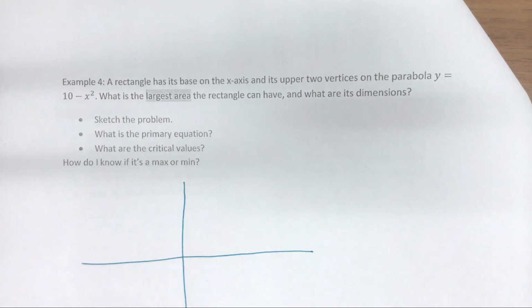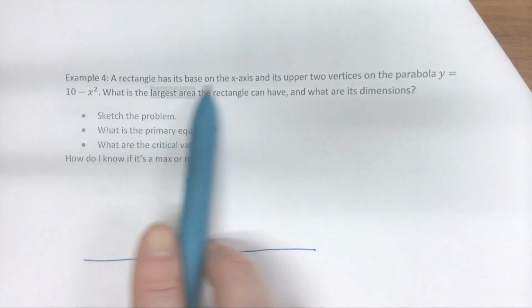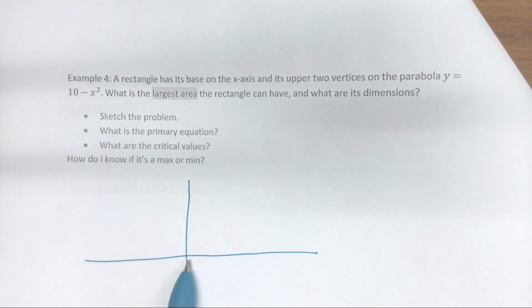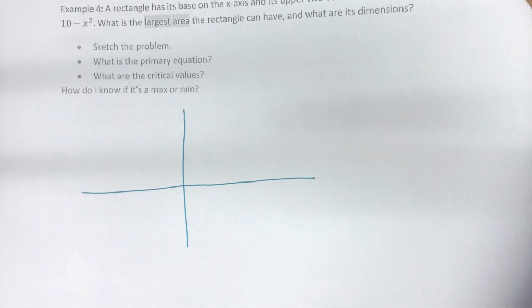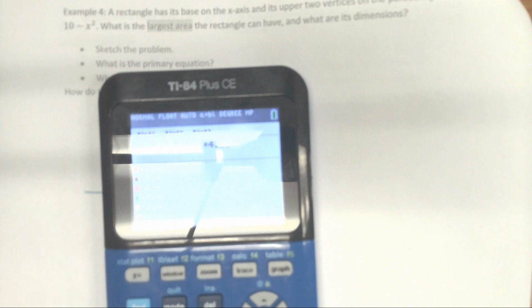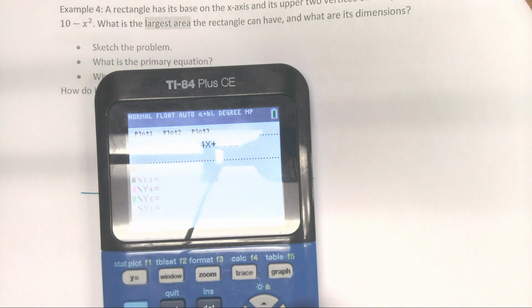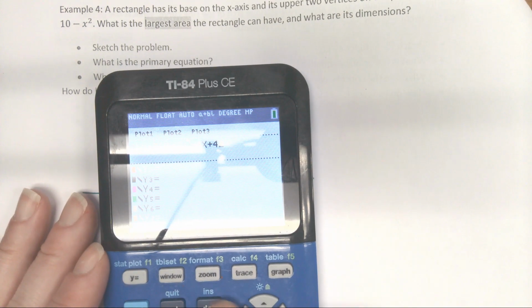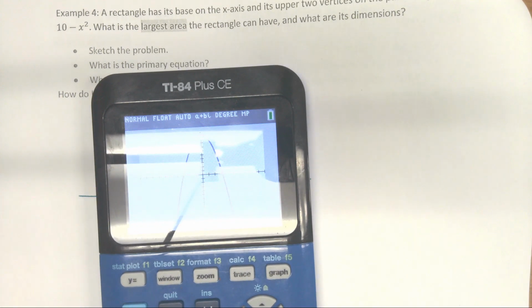And this one says its base is on the x-axis, so its base is going to be down here, and its upper two vertices are on the parabola y equals 10 minus x squared. So if we graphed 10 minus x squared, it's a parabola opening down.